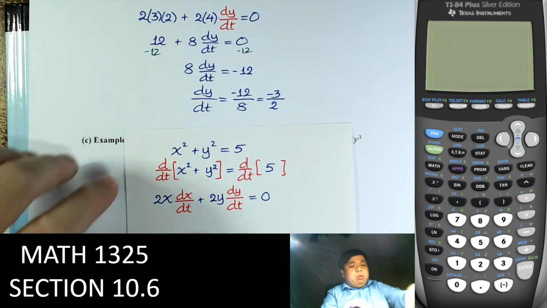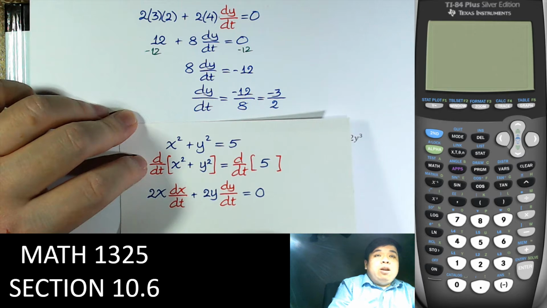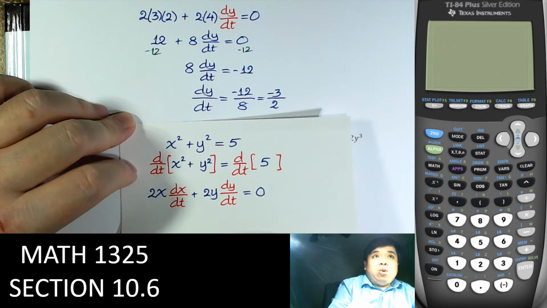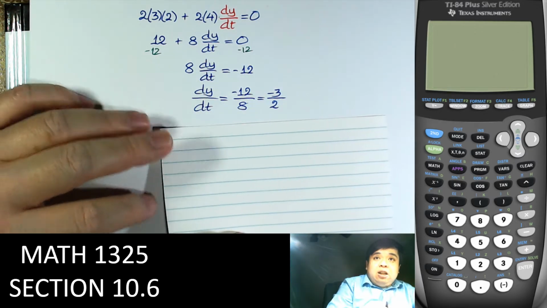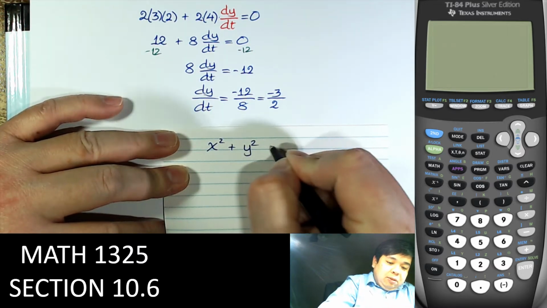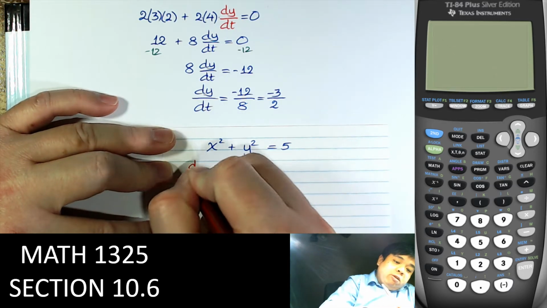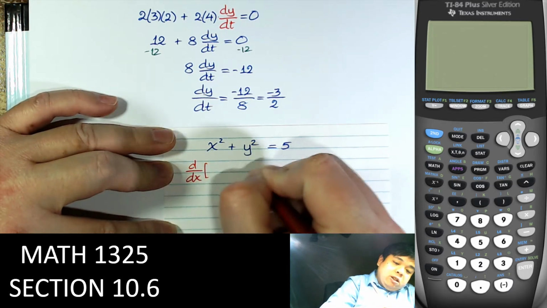I just want to compare this to the problem with implicit differentiation, where one variable is a function of the other. I write the same thing, but if we assume y is a function of x, we just take the derivative with respect to x on both sides.